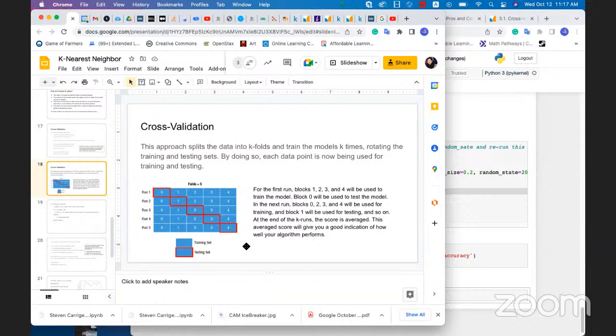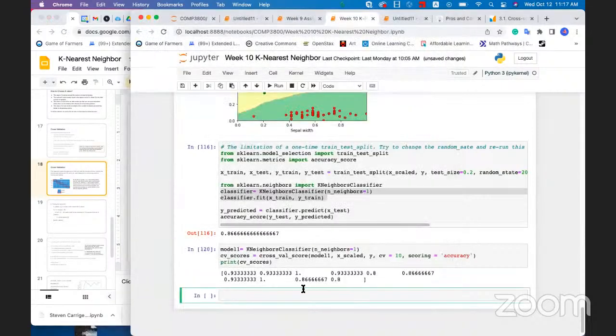You want to get the average, yes. So this returns a list of accuracy scores, and we use the mean score.